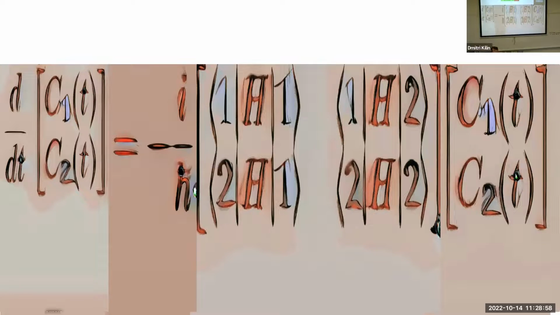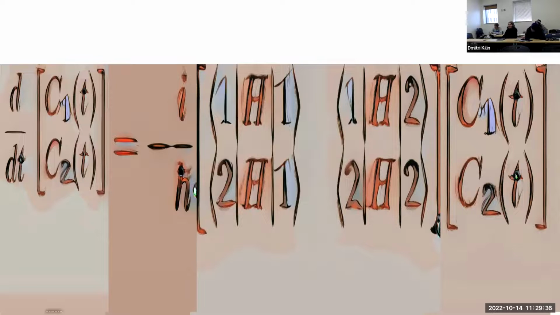What are the 1 and 2 symbols within these angular brackets? In <1|H|1>, what is 1? The ground state. And in <2|H|2>, what is 2?